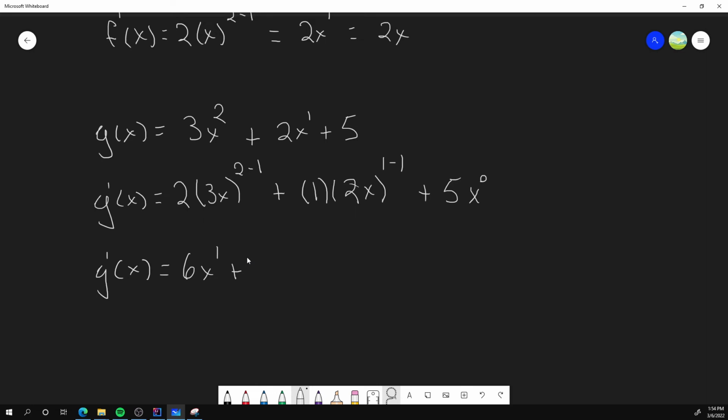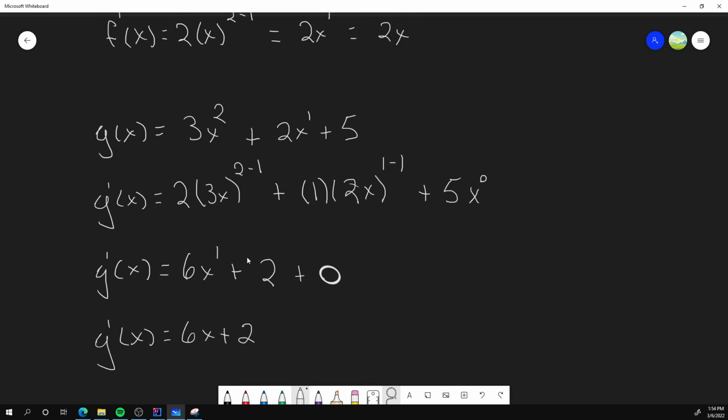And so we can go ahead and say 1 times 2, and so that's going to be equal to 2, and then plus 5 times x to the power of 0. And we know that x to the power of 0 is just 1, so 5 times 1 is 5, but the derivative of the constant is 0. And so we can go ahead and say that plus 0. But we don't really need to write plus 0, so let's simplify this even further and say g prime of x is equal to 6x plus 2.